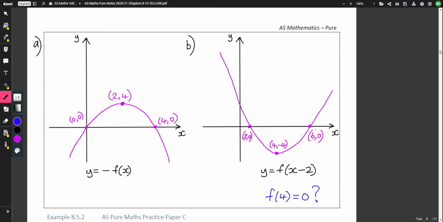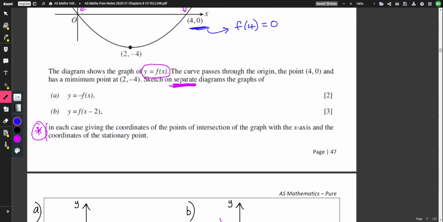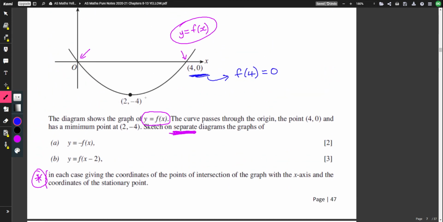Well, if we look at this point here, (6, 0), when x is 6, put that in, x take away 2, so f of (6 take away 2) is f of 4, and yet the y-coordinate is still 0. So that helps us to check that we've moved it in the correct direction. We can do a similar thing with the point (2, -4).